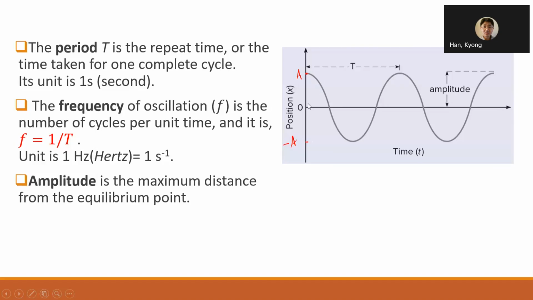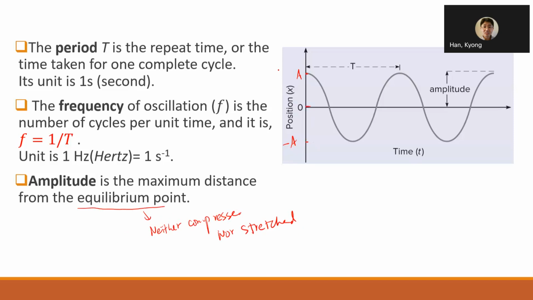The oscillation height, up and down, is between negative A and positive A. This A is called the amplitude. Amplitude is the maximum distance from the equilibrium point. Equilibrium point means neither compressed nor stretched, the natural spring length position.